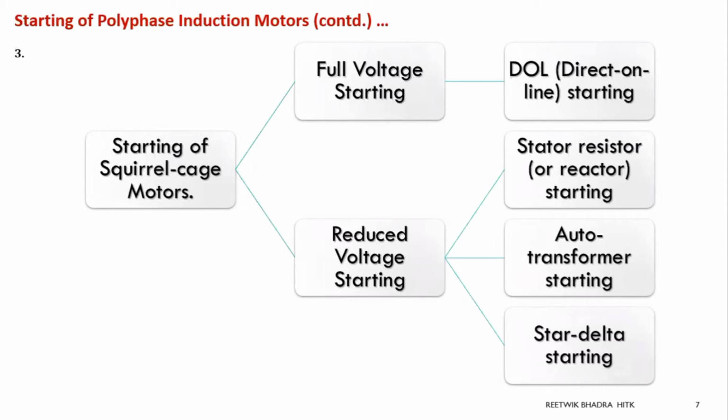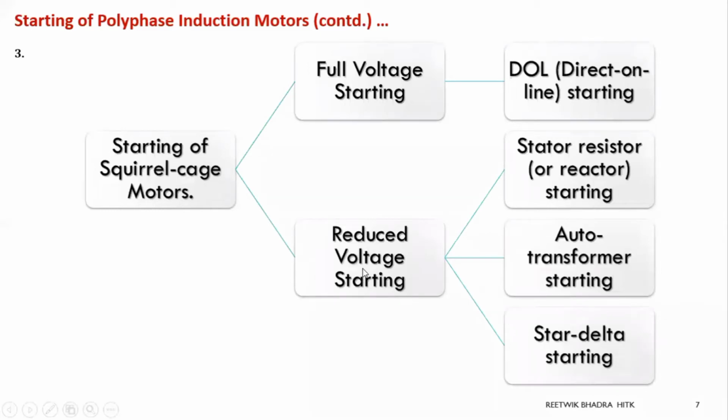Now if you go on reducing the voltage, your torque will also reduce. So if you reduce the voltage to a very low value, the starting torque will not be developed and the induction motor will not start. So there should be a compromise between the starting torque and the starting current in reduced voltage starting.